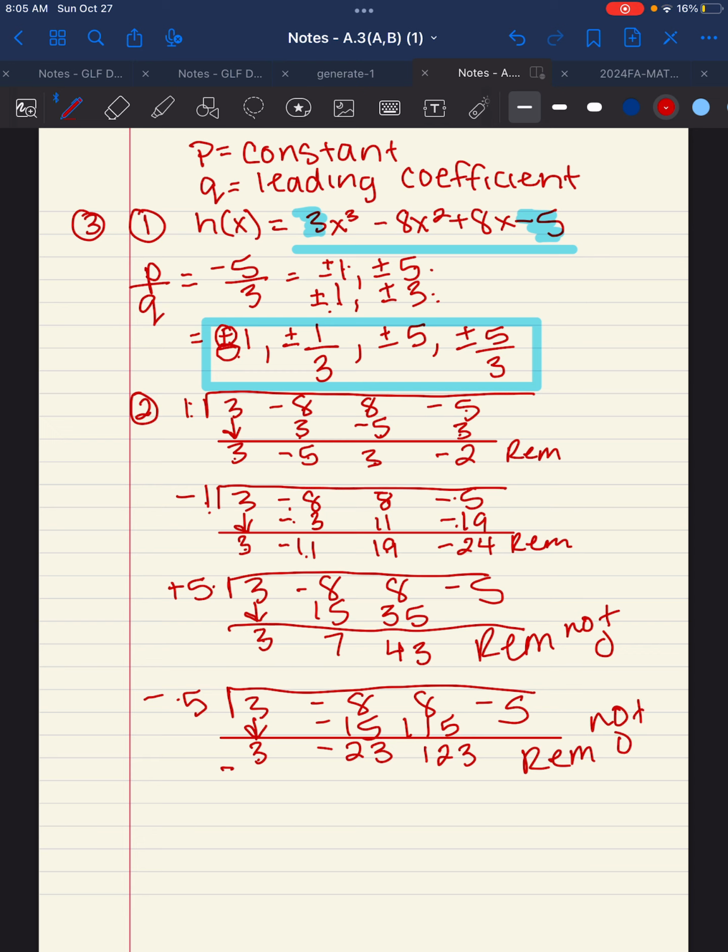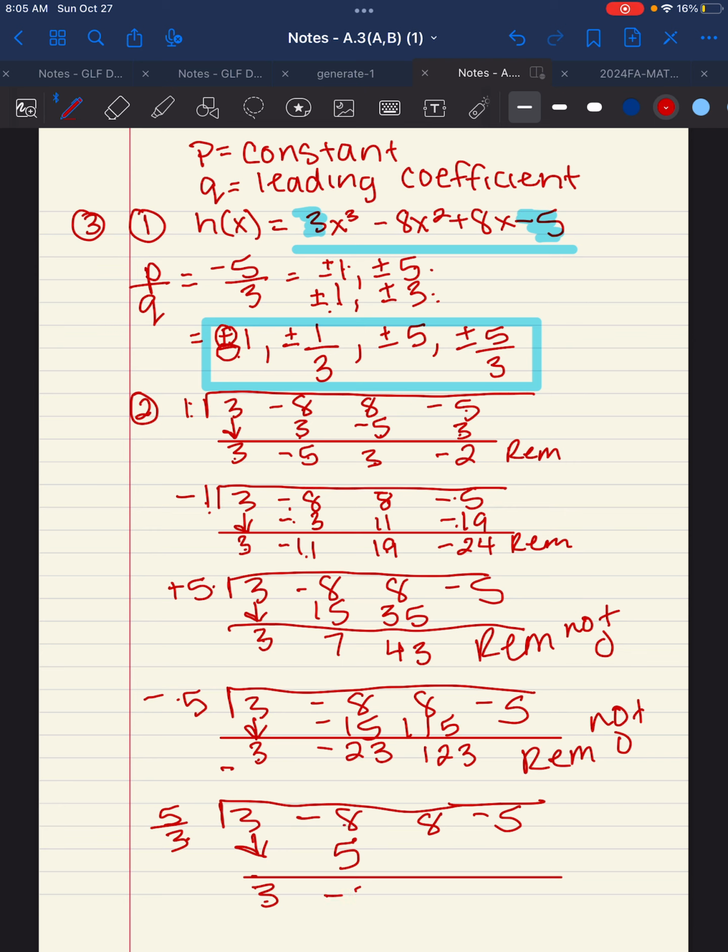All right. Let's try positive 5/3. It's a fraction, but hopefully it is somewhat nice to us. Three, negative 8, 8, negative 5. Bringing down my 3. 3 times 5/3 is 5. Negative 8 plus 5 is negative 3.